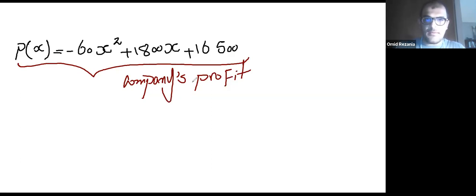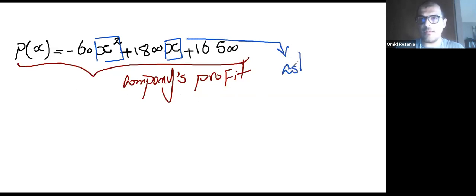Okay, and now we also know that the x's here are representing the cost of one ticket.